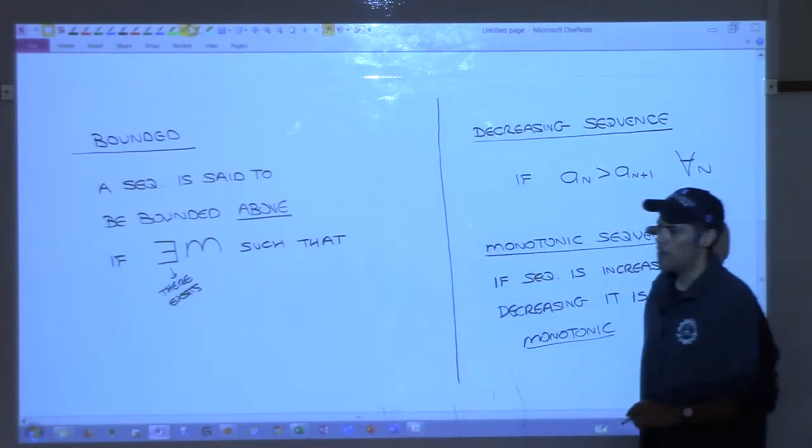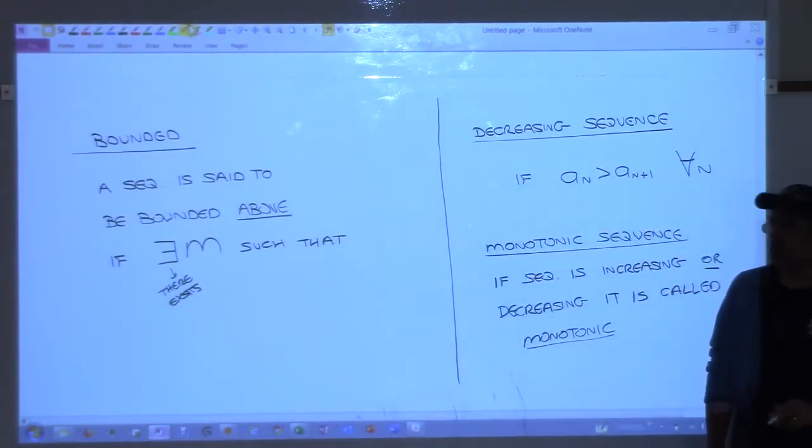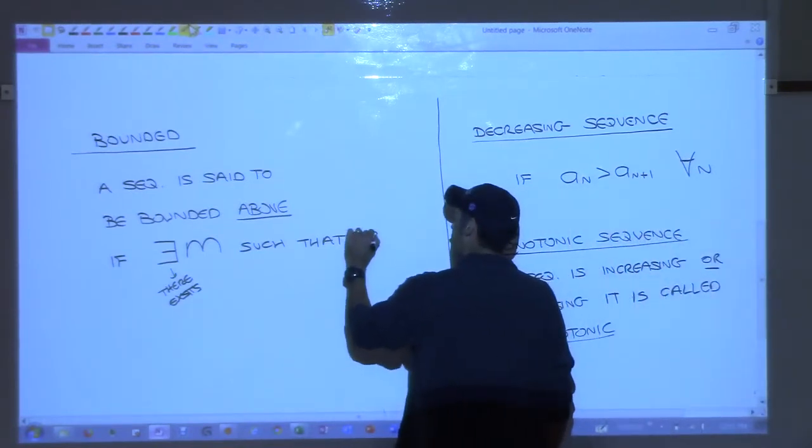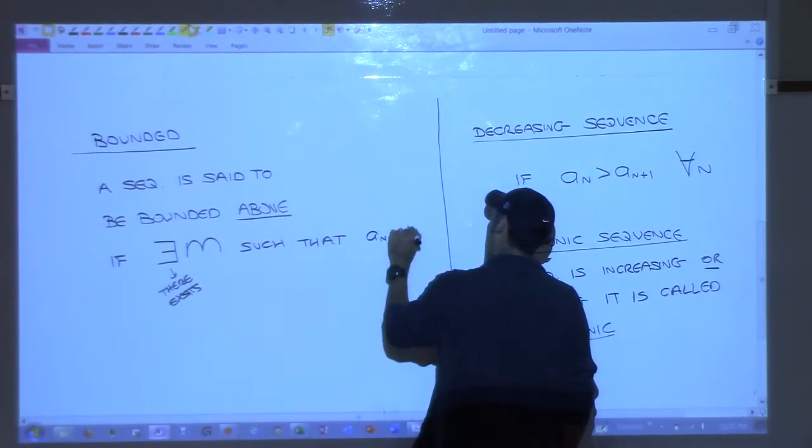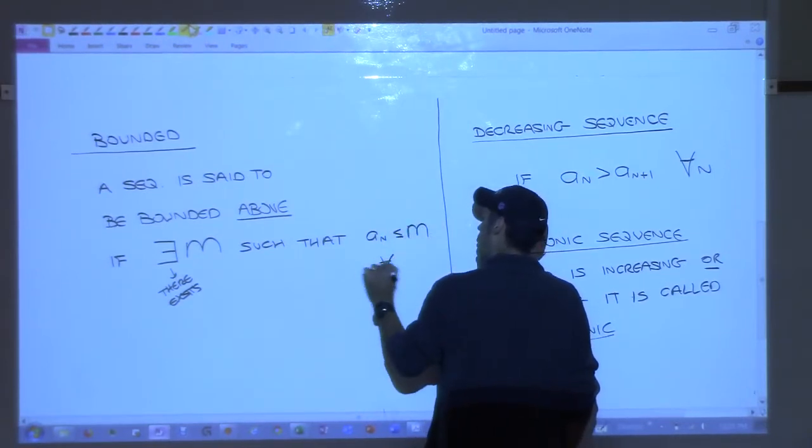That capital M is always bigger than your sequence, all the time. You never reach it. Such that a sub n is less than or equal to capital M for all little n.